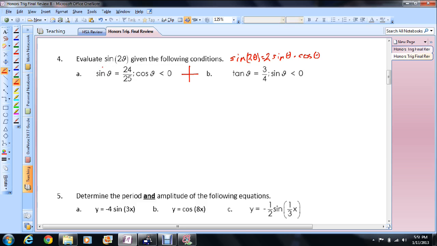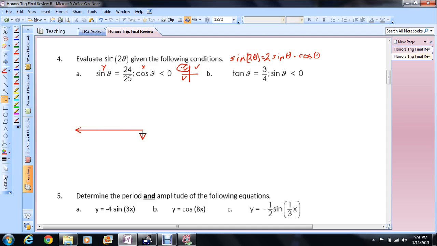Think, where's your sine value positive? The sine value is positive here and here. The cosine value is less than 0, so the cosine is your x value, and less than 0 is just another way of saying negative. Your x value is negative in the second and third quadrant. So that means that our triangle has to be in quadrant 2.